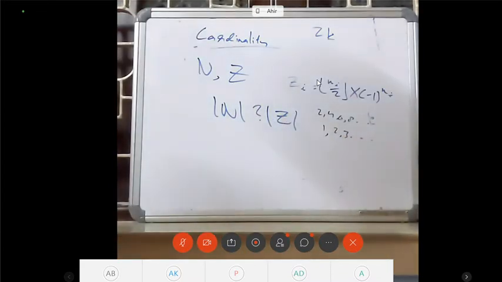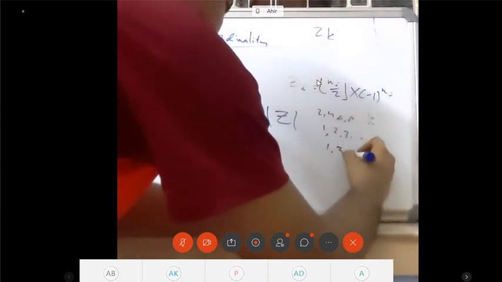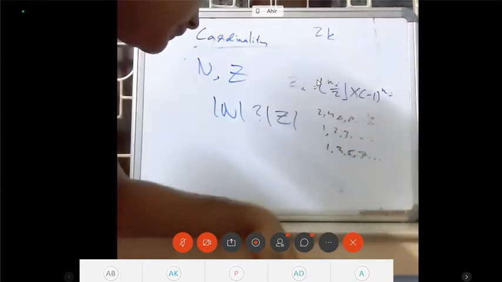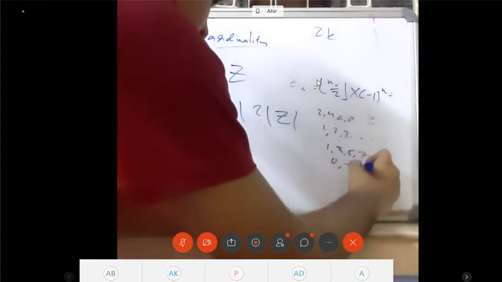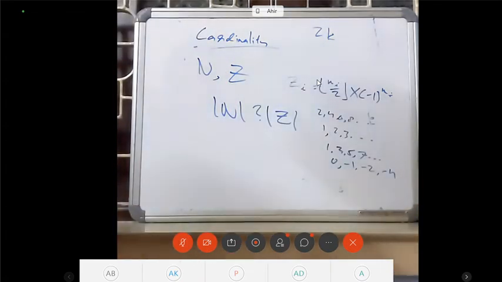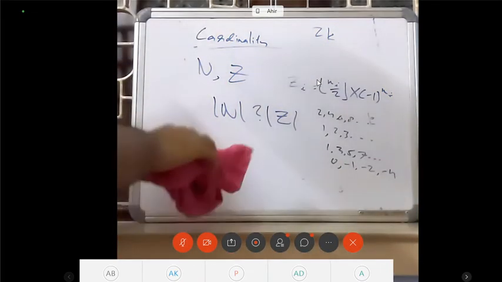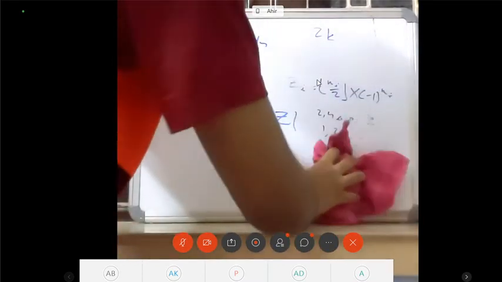And if you take the natural numbers 1, 3, 5, 7 and so on, they are getting mapped to 0, minus 1, minus 2. So basically it's a more formal version of what Ayush was saying. And yes, it will work perfectly.